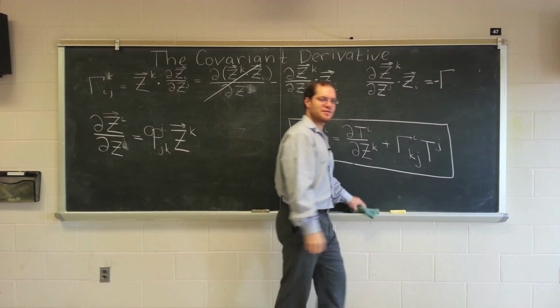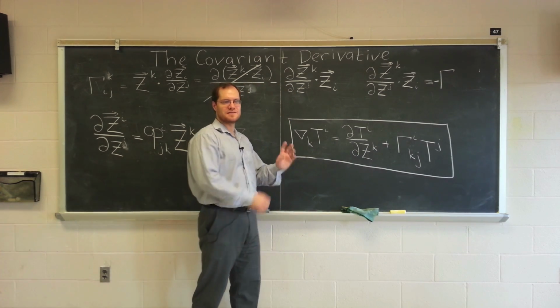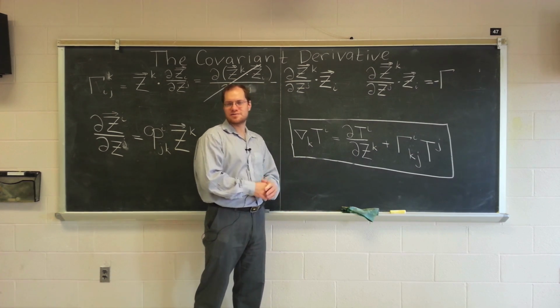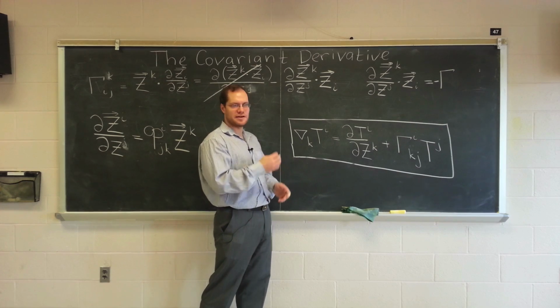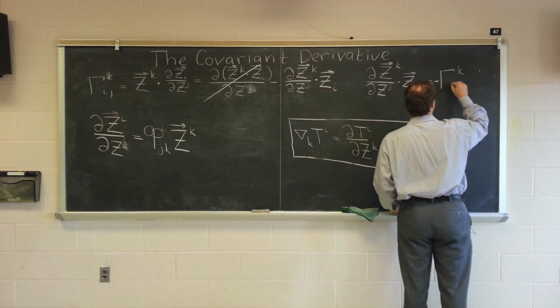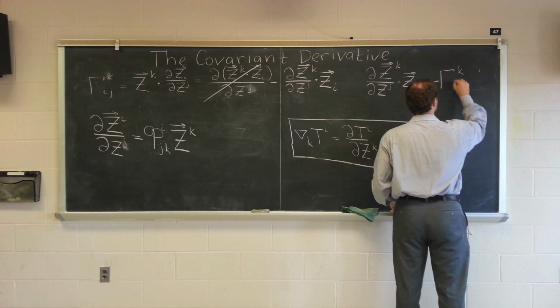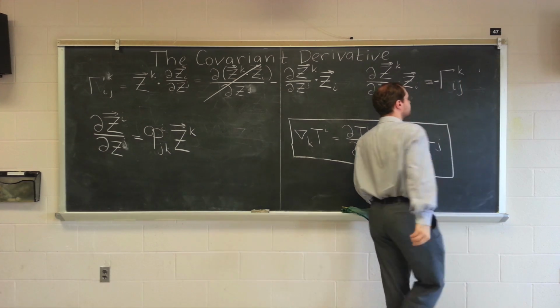This minus is very important. So this will persist throughout the subject. If something is covariant, it gets a plus or a minus. If something is contravariant, it gets the opposite sign. Gamma k ji or ij. Might as well write ij.